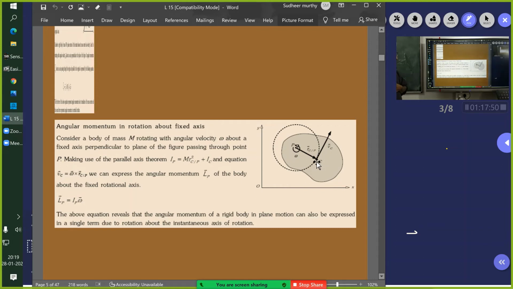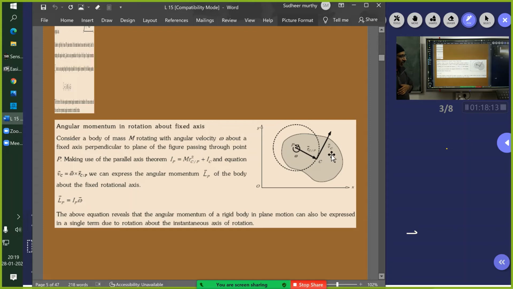You can see that this center of mass itself is moving in a circle. What about the other particles of this body? Are they also moving in circles with the same center? Yes, sir. If it is rotating about this point, every point is moving in circles of various radii about this point. And the diagram is quite clear.